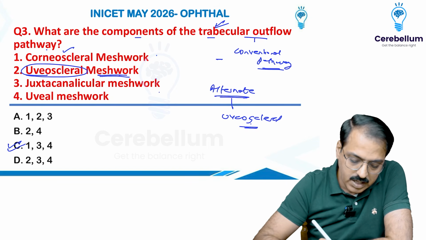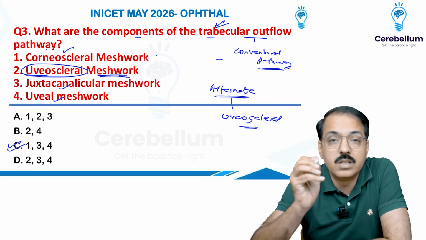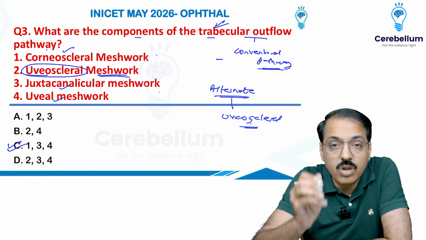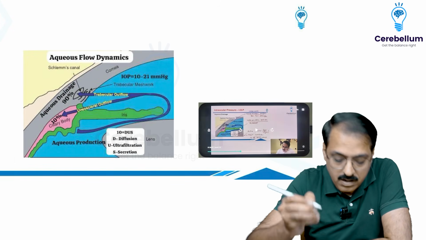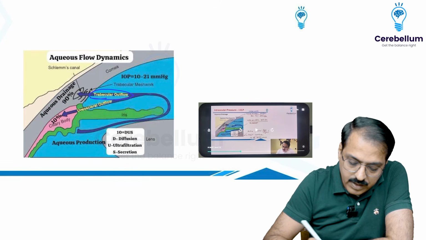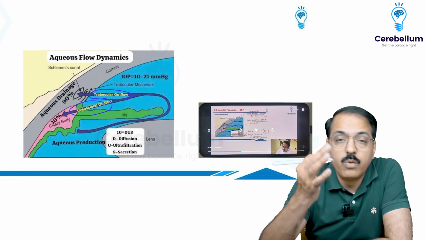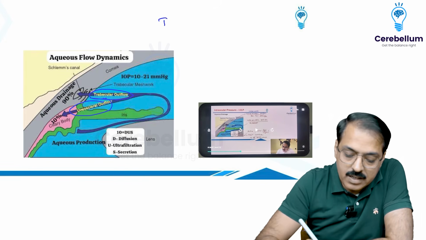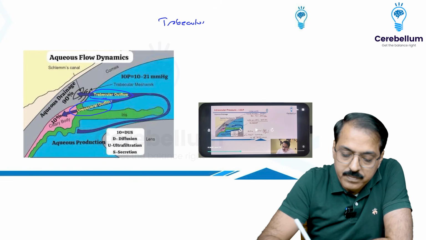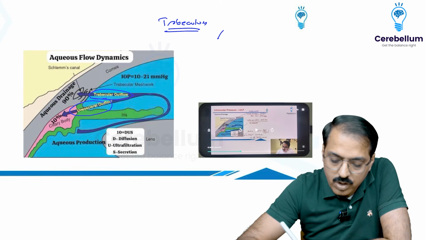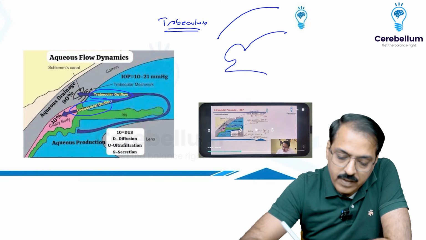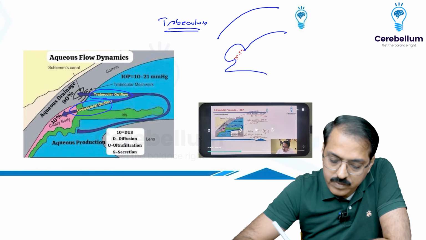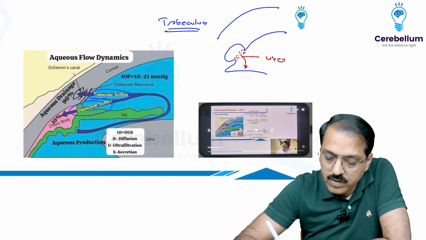The corneoscleral, juxtacanalicular and the uveal meshwork, these are the parts of the trabeculum. This is something that we have done in our class. This is the diagram from the class itself. So there is a trabecular outflow and then there is a uveoscleral outflow. What are these three parts? These are the parts of the trabeculum. Okay, so if you just imagine that this is the trabeculum, the part that is facing towards the uvea is the uveal part.